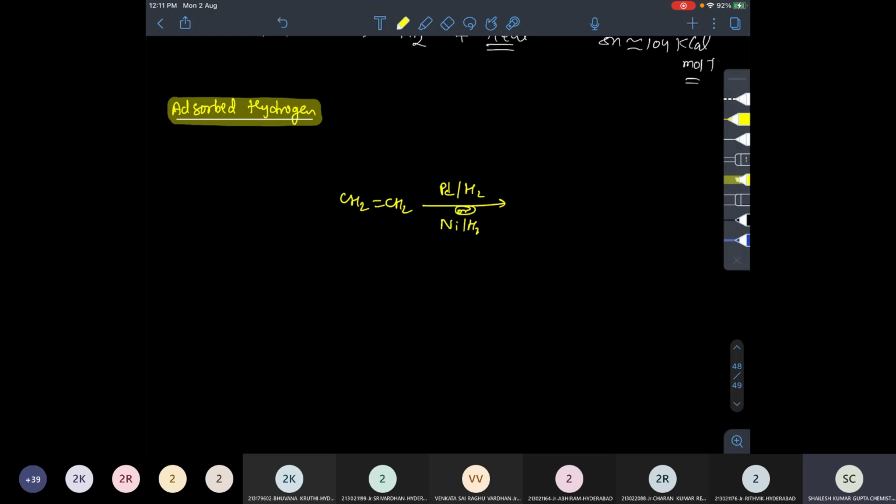They are simply hydrogenating it. So what happens? We are not providing the source of hydrogen externally. First we are trying to get this hydrogen into the crystal of these metals, and thereafter we are doing some process with it.